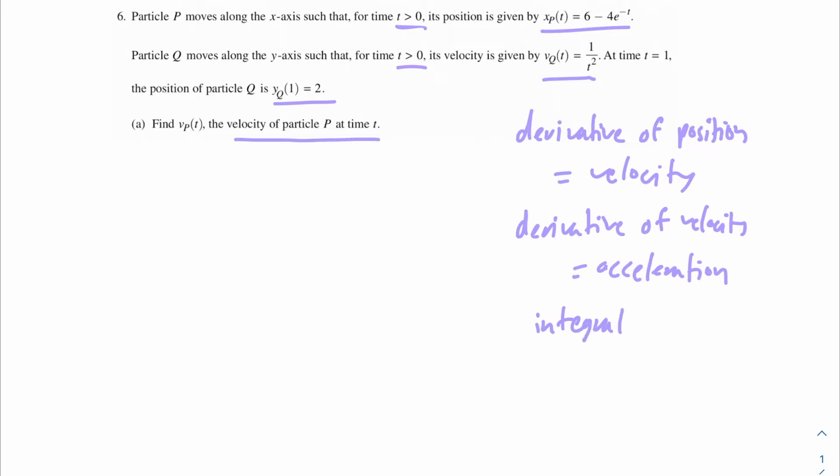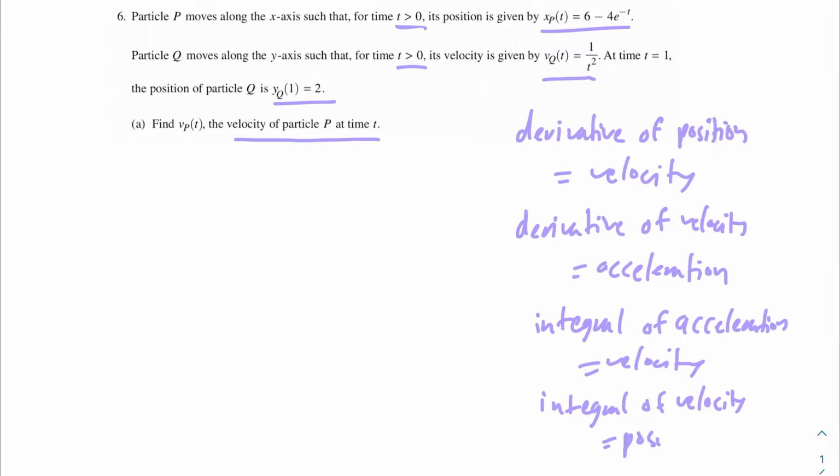So the integral of acceleration is velocity, and the integral of velocity is position. That will really help us with the parts of this problem, because it's going to be asking us to move between position and velocity and acceleration. So understanding what that relationship is is really important.